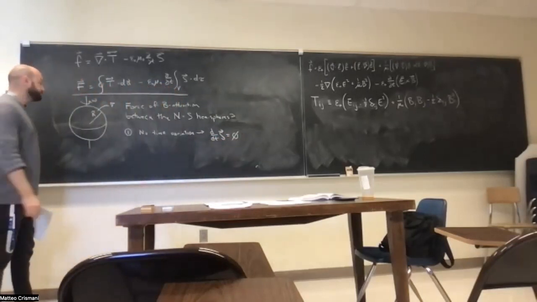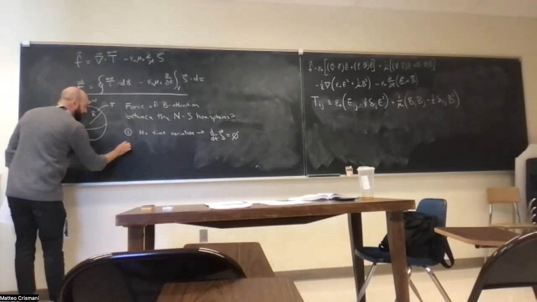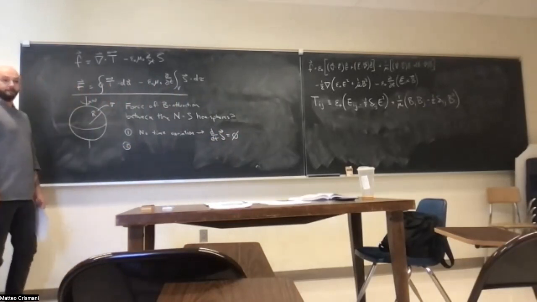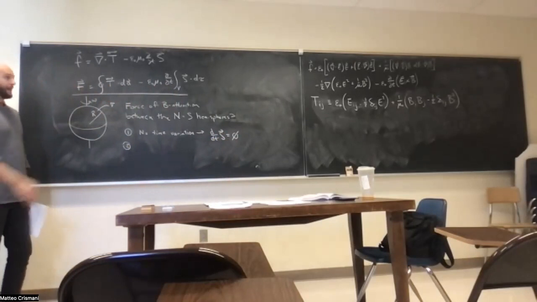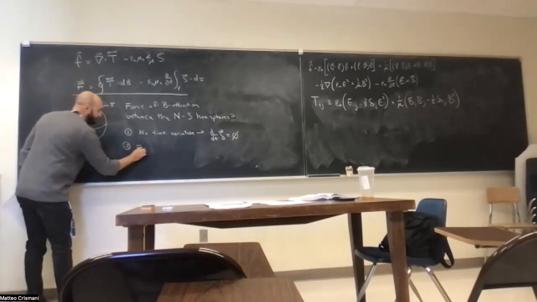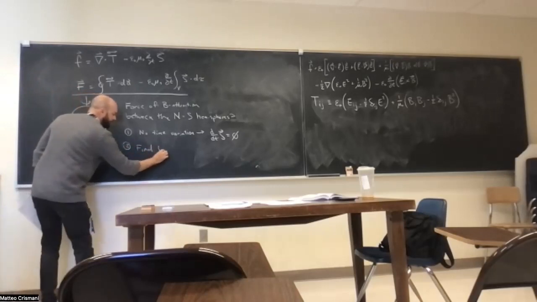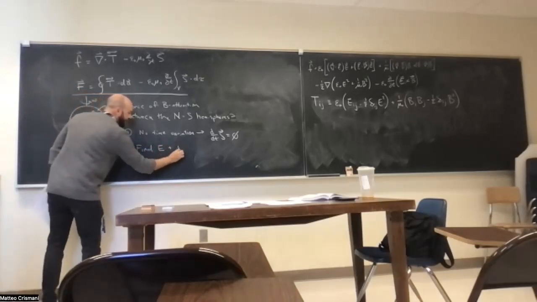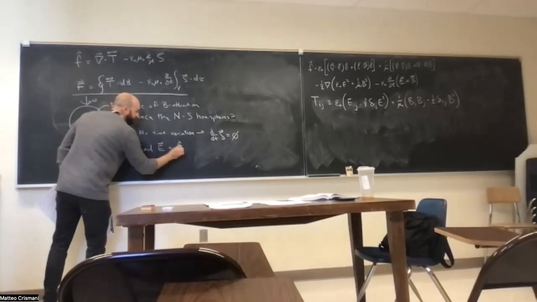Everyone's internalized that. The second step is you'd say, what would I need? I wrote the tensor secretly, but what would you need to find about the problem itself? Oh, the E field and the B field, right? Find the E and B fields.